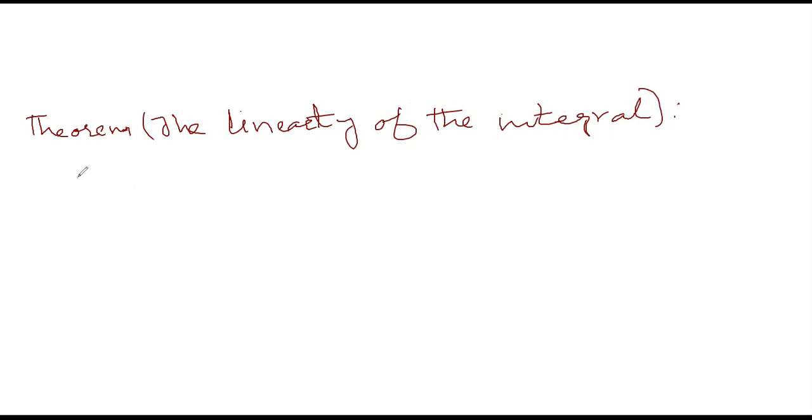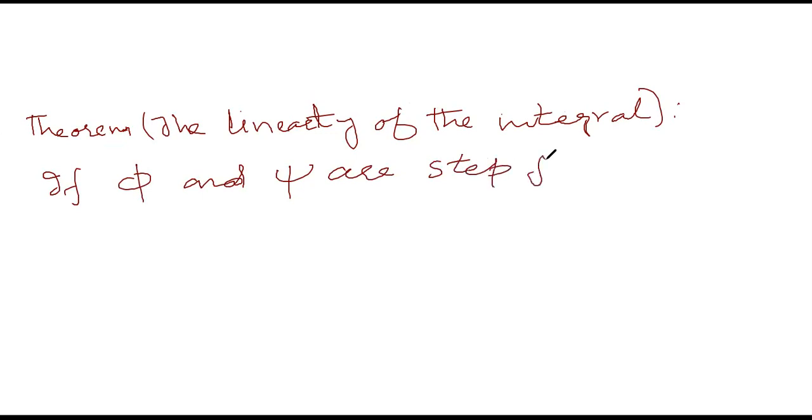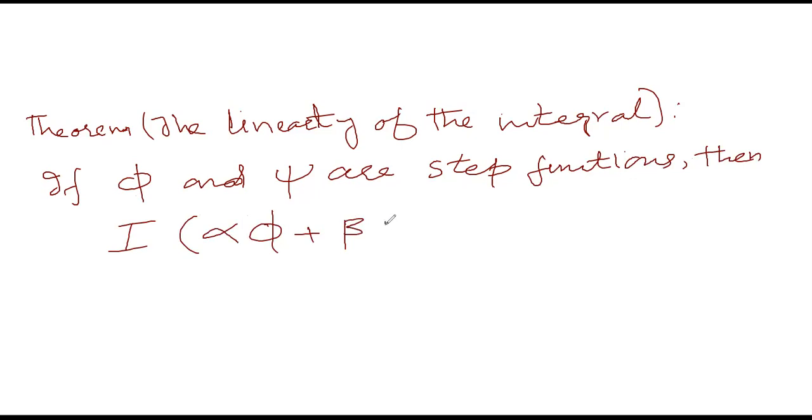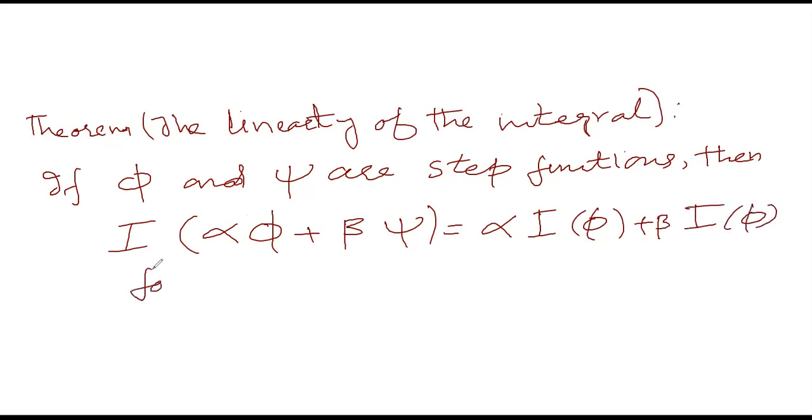It states that if phi and psi are step functions, then the integral of alpha phi plus beta psi is equal to alpha times the integral of phi plus beta times the integral of psi, for all alpha, beta belonging to R. They are real numbers.